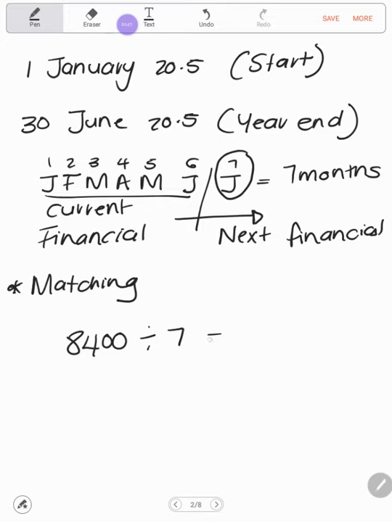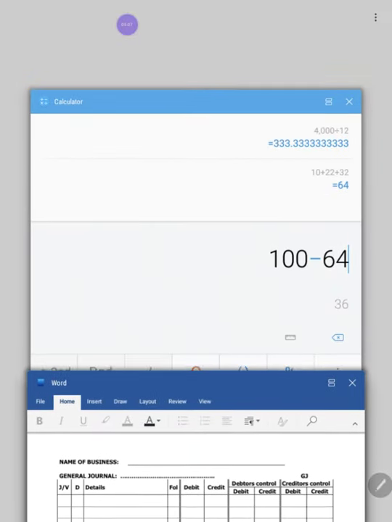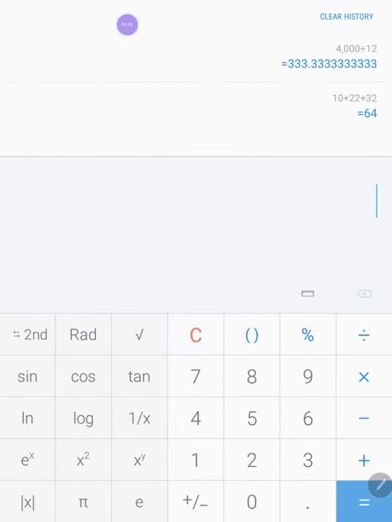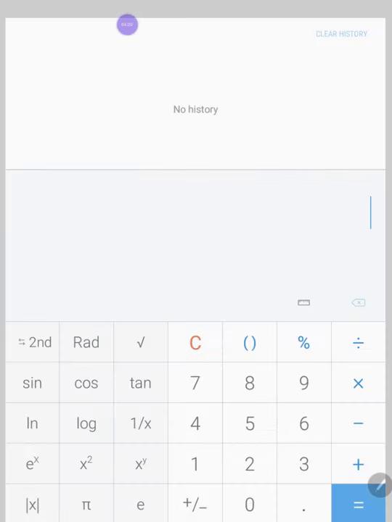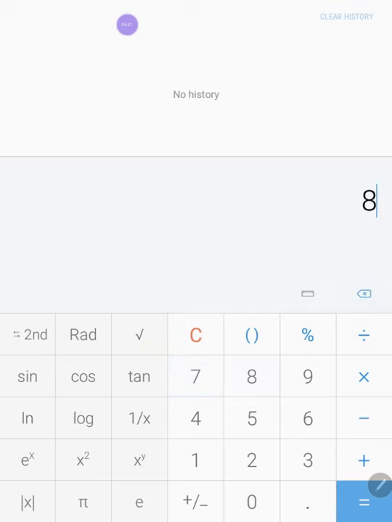Why am I dividing by 7 months? Because I want to know the actual amount per month that we receive. So let's look here. It is the 8,400 divided by 7.